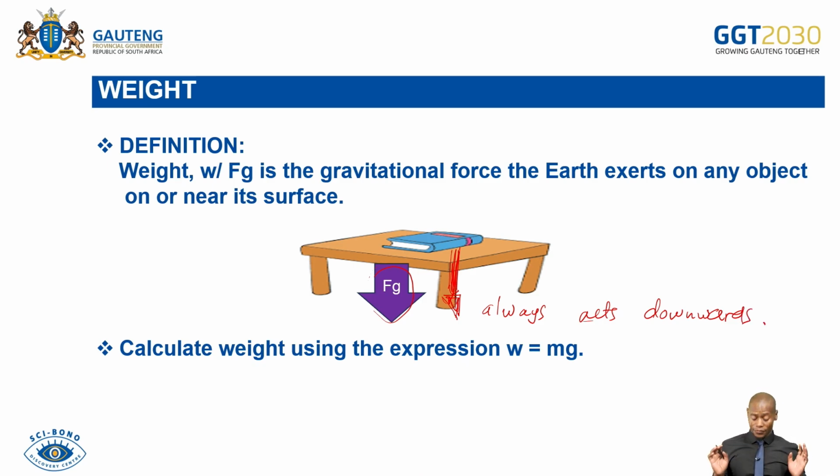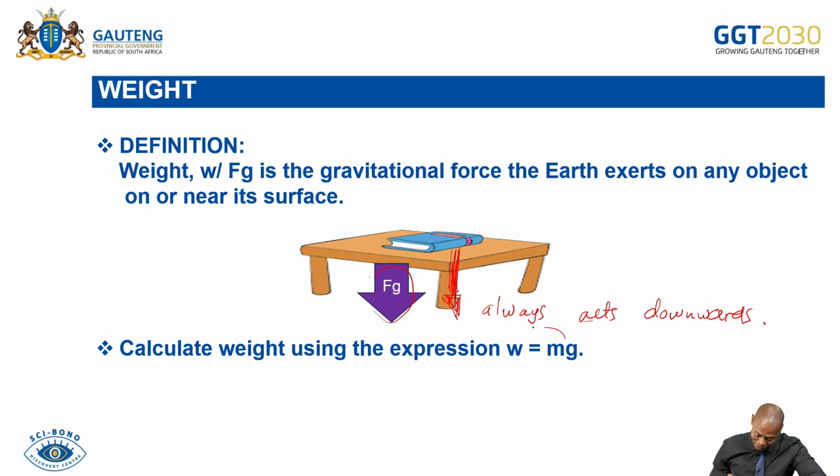This force always acts in which direction? Downwards. You won't find Fg acting up. There's no way. So gravitational force always acts downwards. It is the gravitational force the earth exerts on any object on or near its surface.